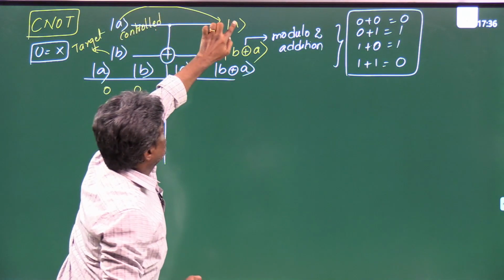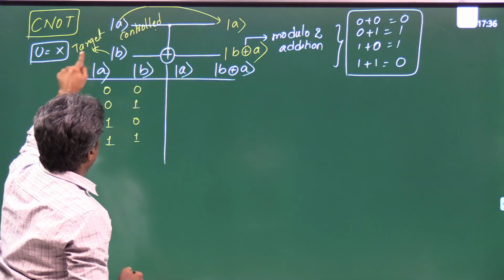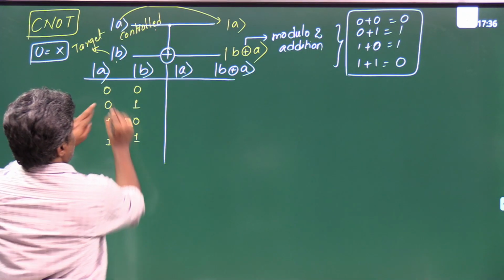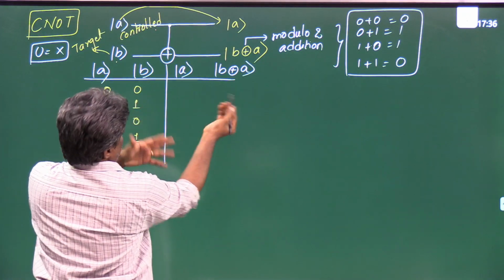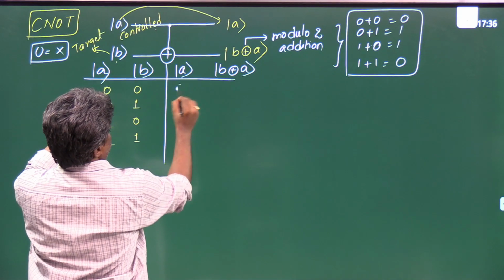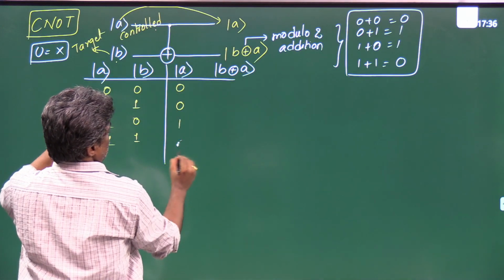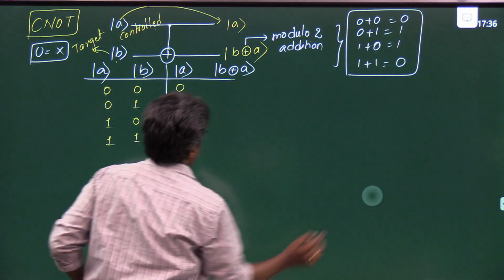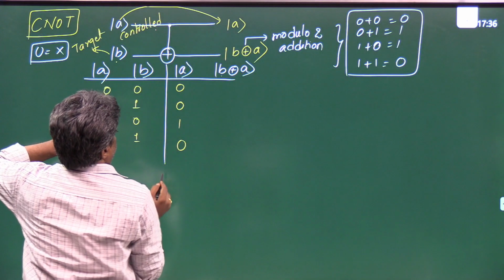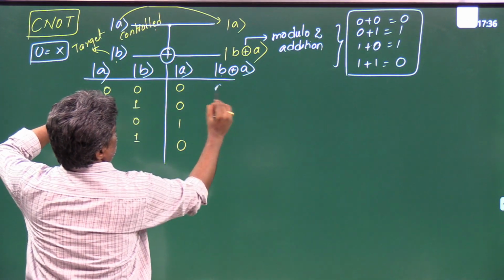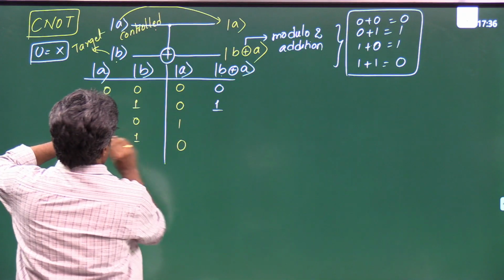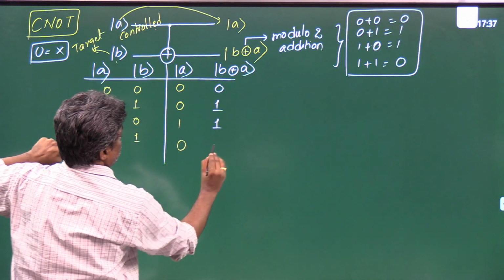So this will be as it is, and this will control the value of the target. So A as it is: 0, 0, 1, 0. Are you observing? Now B XOR A, that means add this 0, add this 1, add this 1, add this 0.